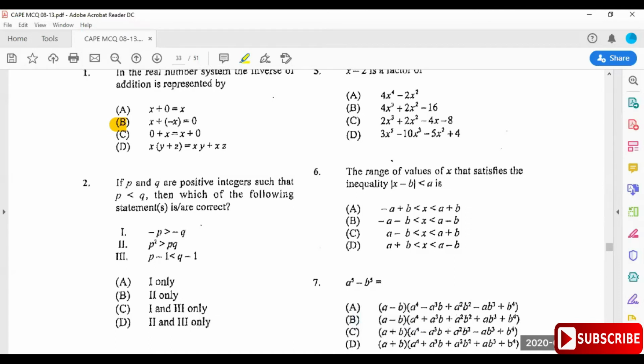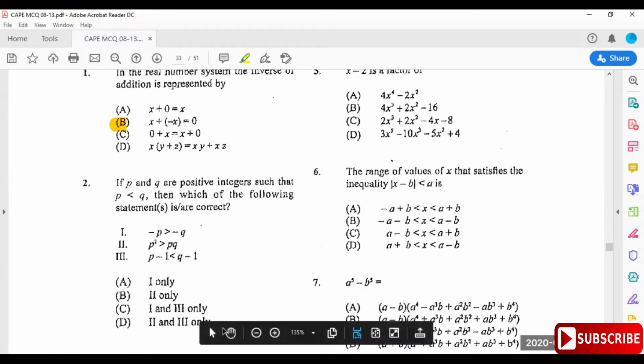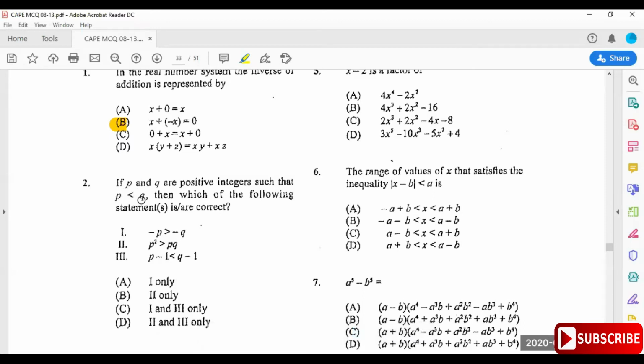Question 2. If P and Q are positive integers such that P is less than Q, which of the following is true? To do this question, you can always use actual numbers. So P is less than Q, you can use numbers like 2 and 3.